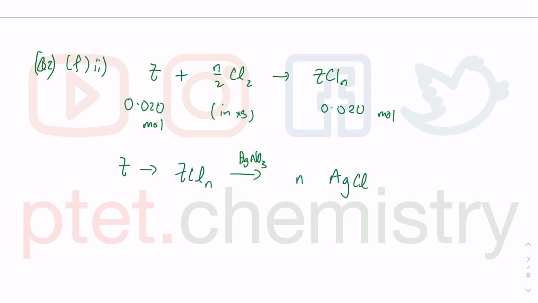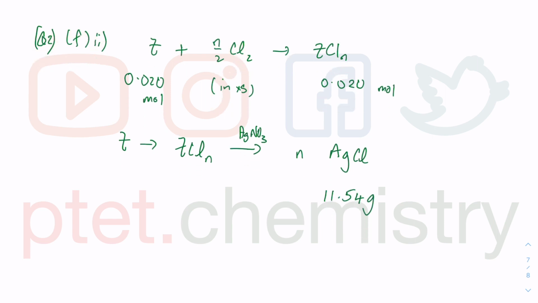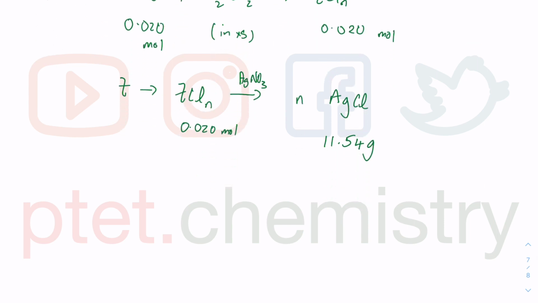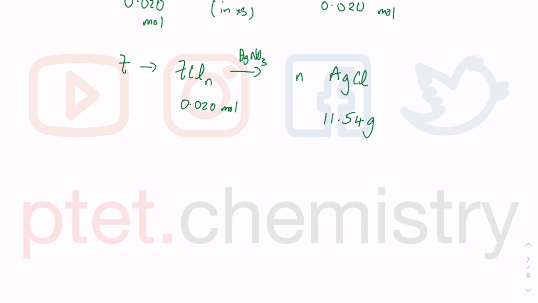So I know 11.54 gram is for this, and I know about ZClN, which is 0.020 mole. So hopefully you can see that 1 mole of this will give you n mole of Cl minus in AgCl. So you can see hopefully the mole of AgCl relative to the mole of ZClN. So you get n mole of this.